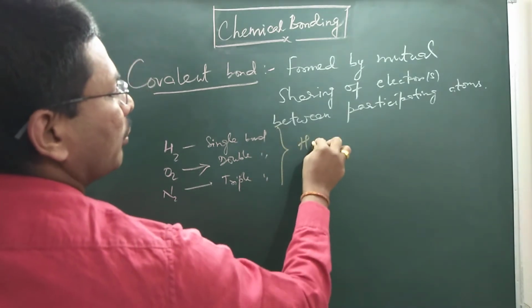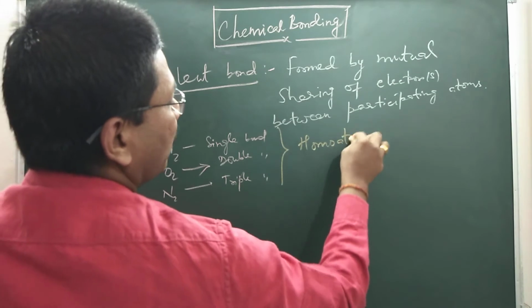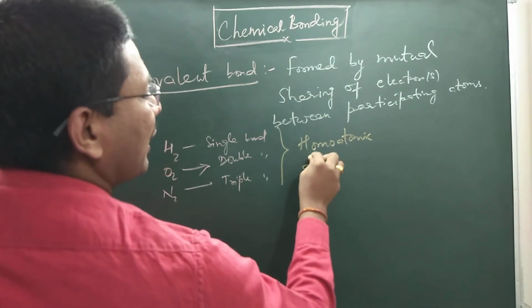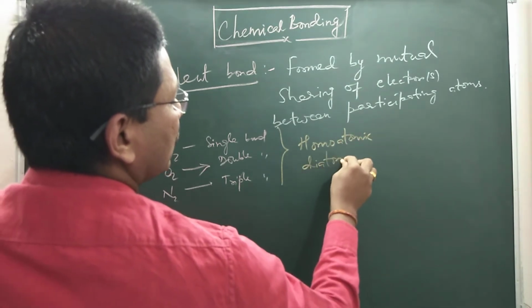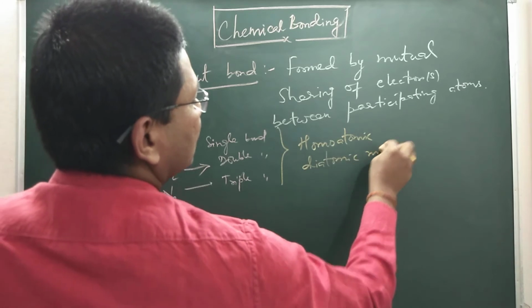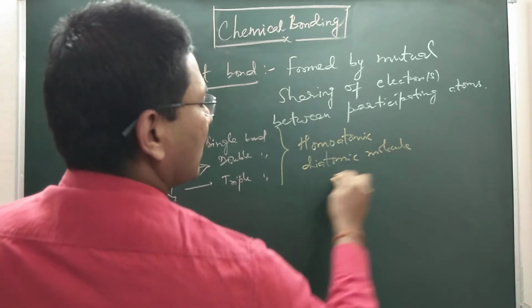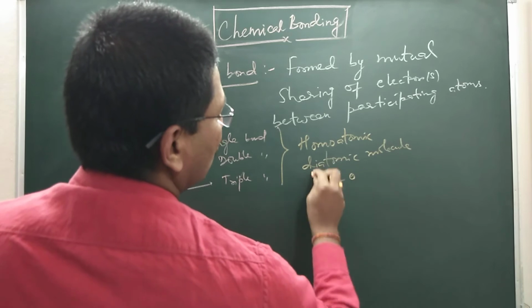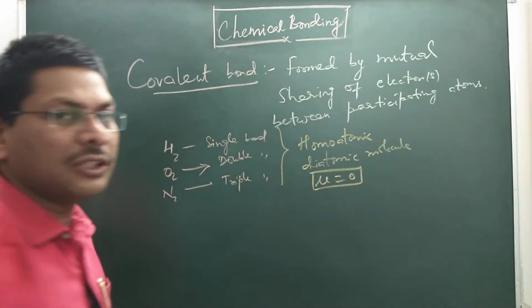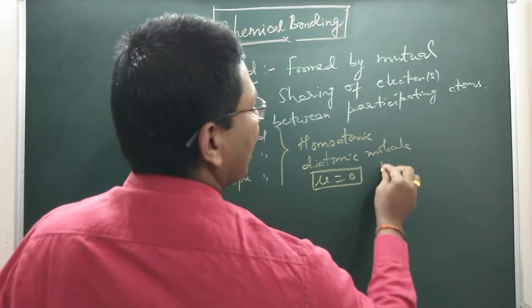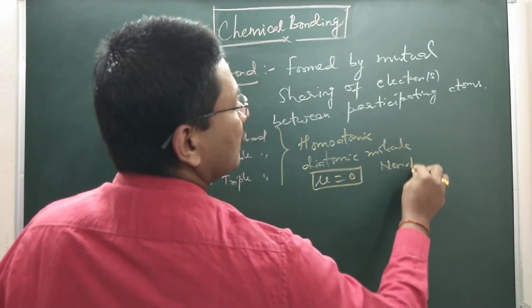Homoatomic means made up of the same atom, and diatomic means their atomicity is 2. Since both the atoms are of the same electronegativity, the dipole moment for these molecules is 0, and they are regarded as non-polar molecules.